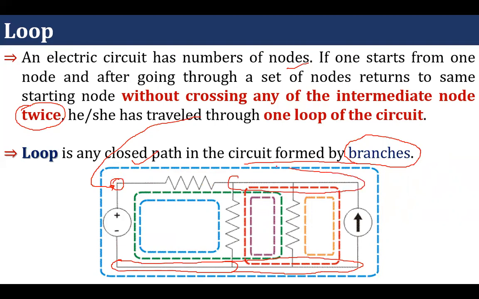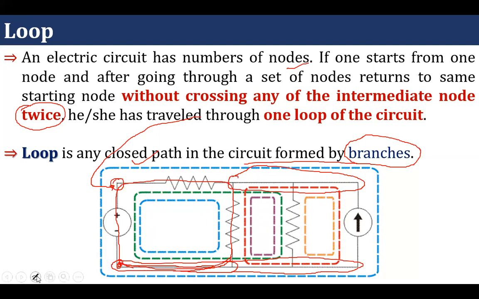So how many nodes do we have? We have 3 nodes. Suppose I start with this node and move in a clockwise direction. Through these circuit elements, these branches, I reach the same node again. So this is forming a loop.